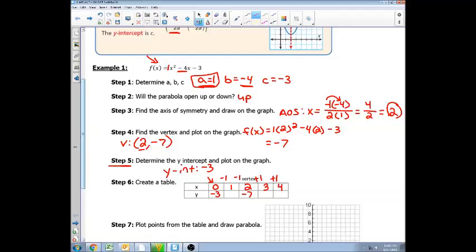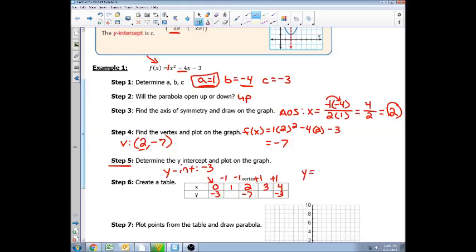And if you remember from vertex form, this is going to be exactly the same on the left-hand side as it is on the right-hand side. So underneath that 4, I can go ahead and just write -3. The only thing I have to do now is plug in either 1 or 3 in for my x's to find that y.